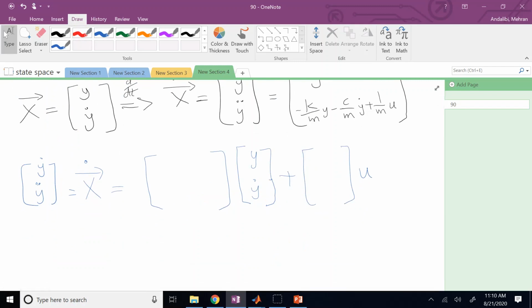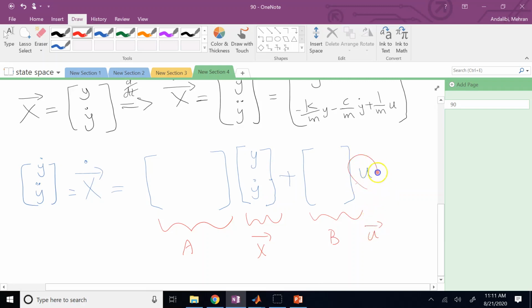Where this one we call A. This is the vector x itself, and this is B, and this is u. Now here I only have one u, so the scalar u and the vector u are the same thing.